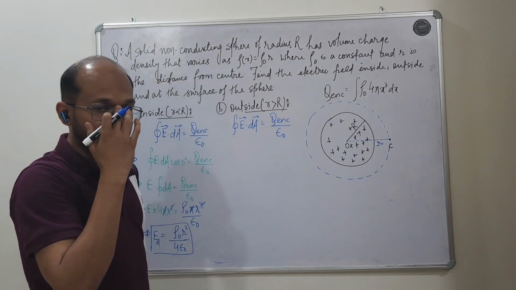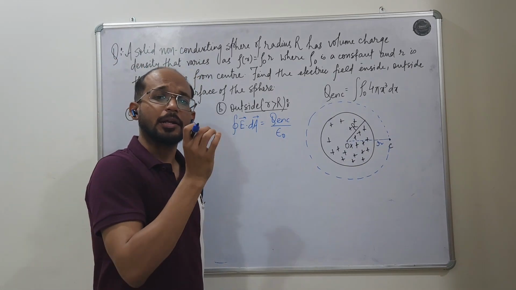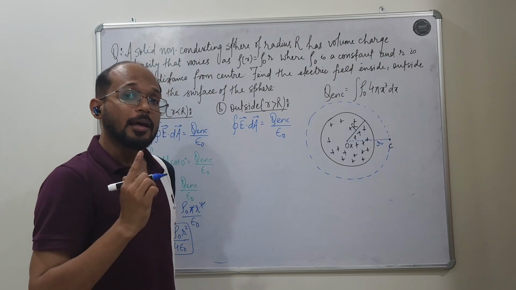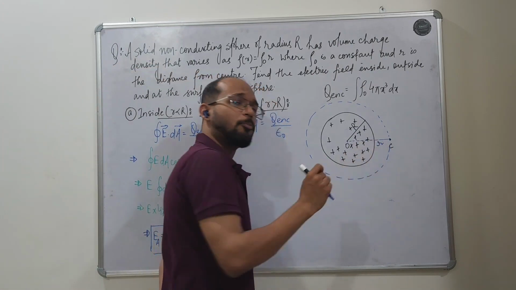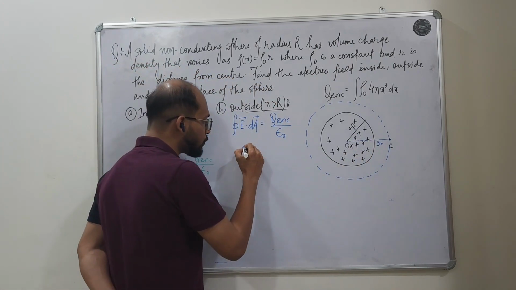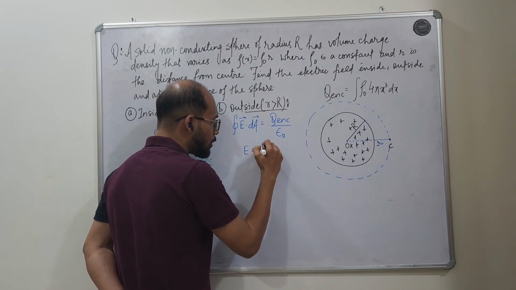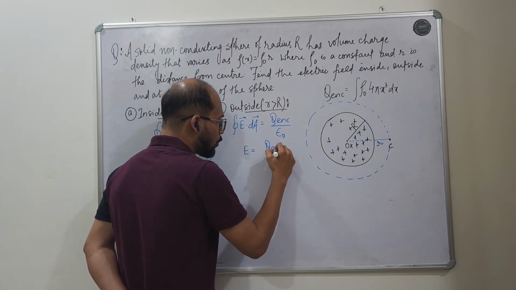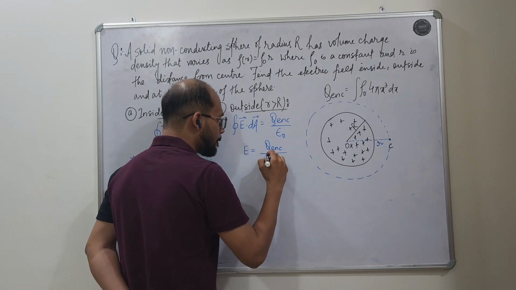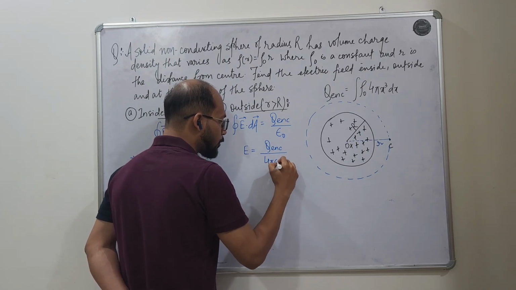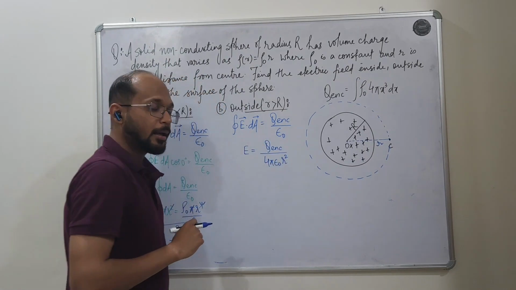I have already told you that whether it is a solid conducting, non-conducting, or hollow sphere, if we have to find the electric field at any point outside the sphere, we can simply use the formula Q enclosed divided by 4 pi epsilon naught small r square.